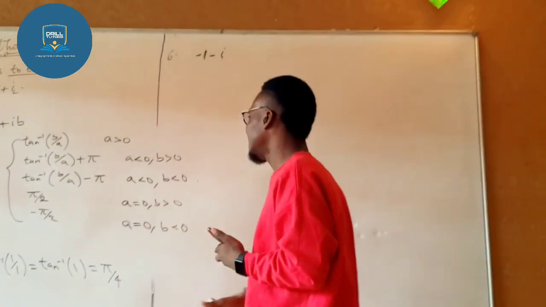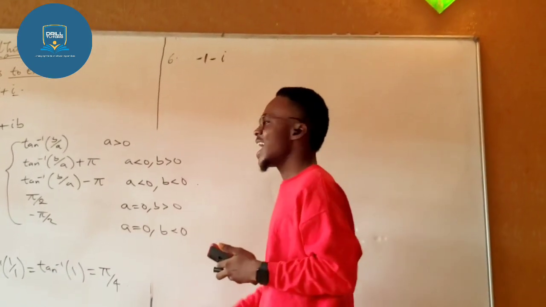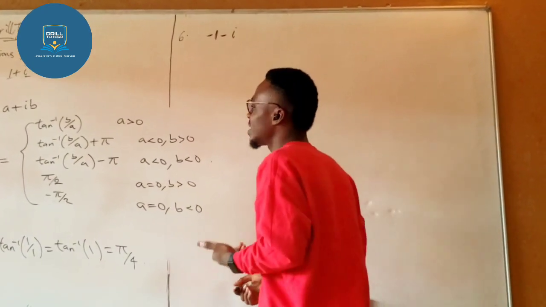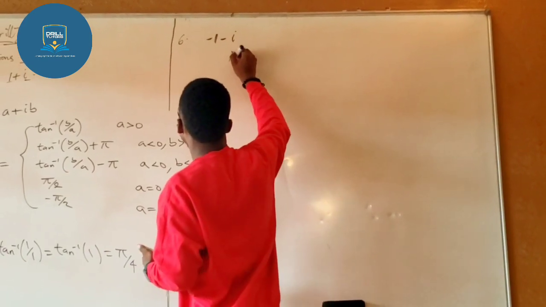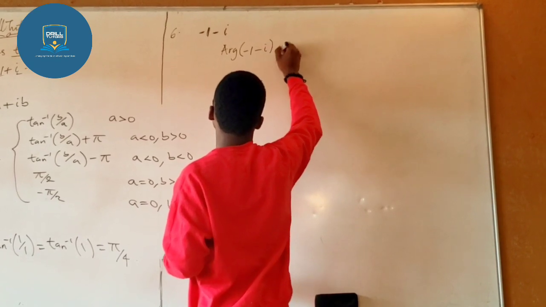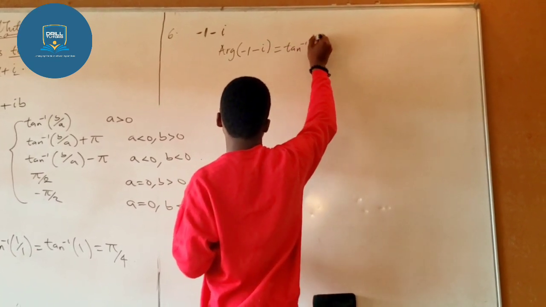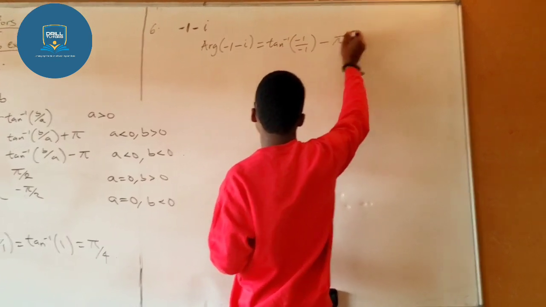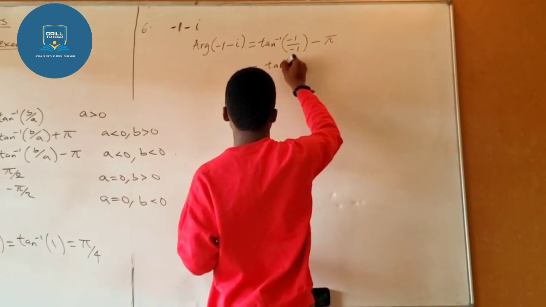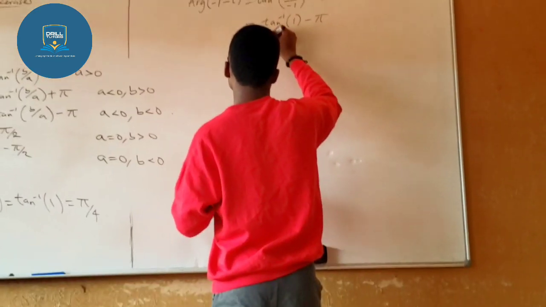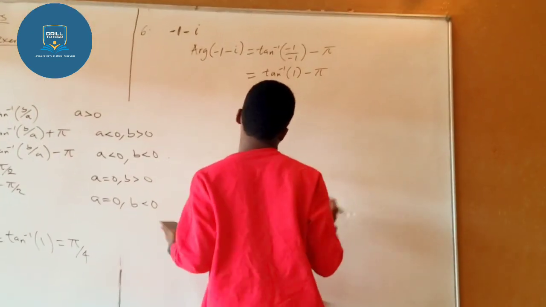You see that a is less than 0 and b is also less than 0, telling us that the value of the argument is the tan inverse of minus 1 over minus 1, minus pi, which is tan inverse of 1 minus pi, and that is simply pi over 4.